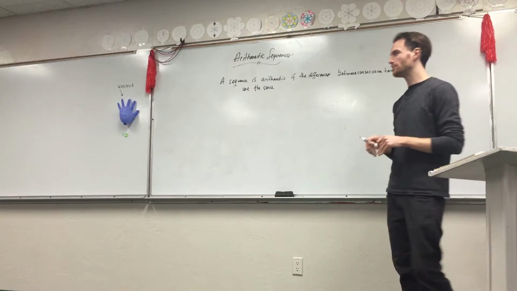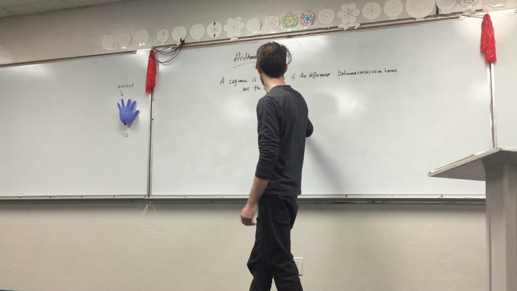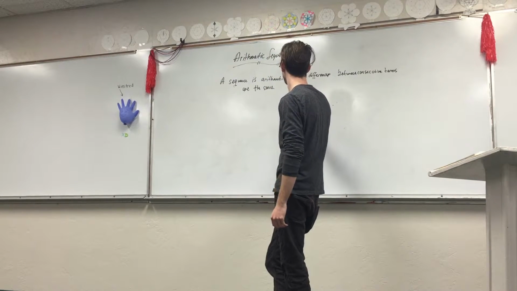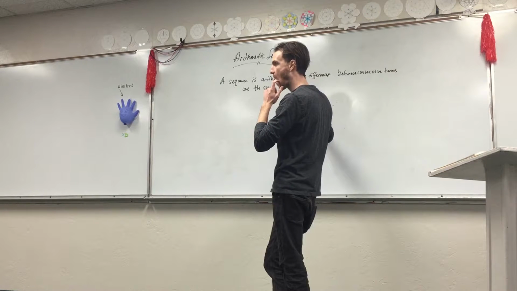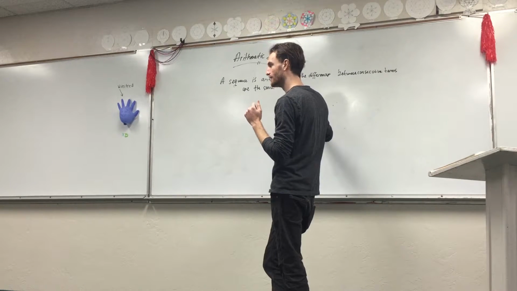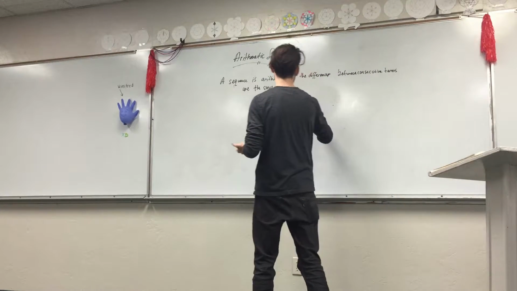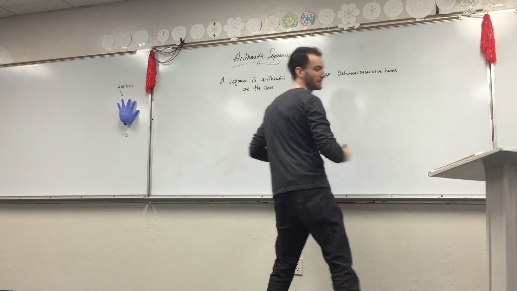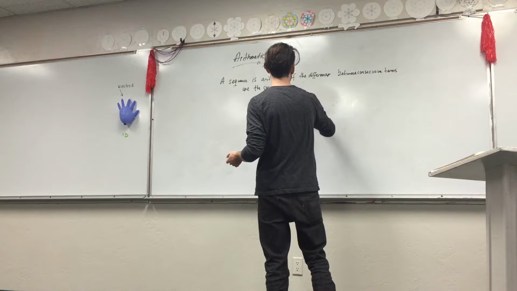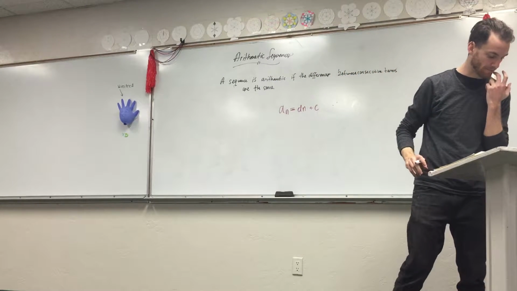What was the form that we used for an arithmetic sequence? In your book it uses the letters dn plus c. Don't ask me why it uses the d there.